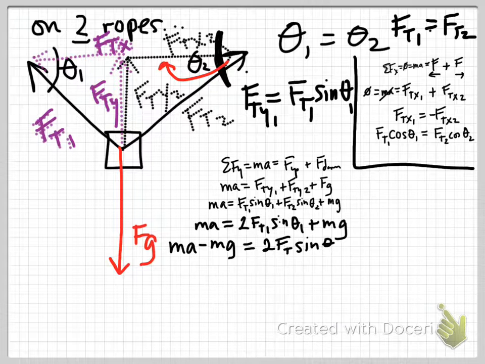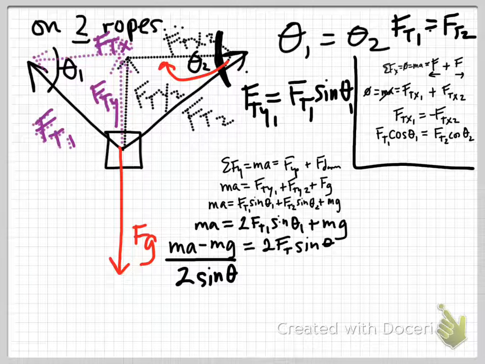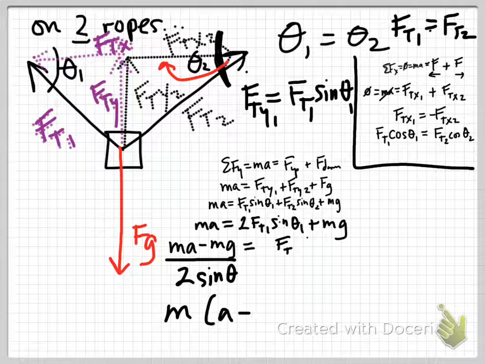We can simplify this. So divide both sides by 2 sine theta. We can actually factor out mass there.